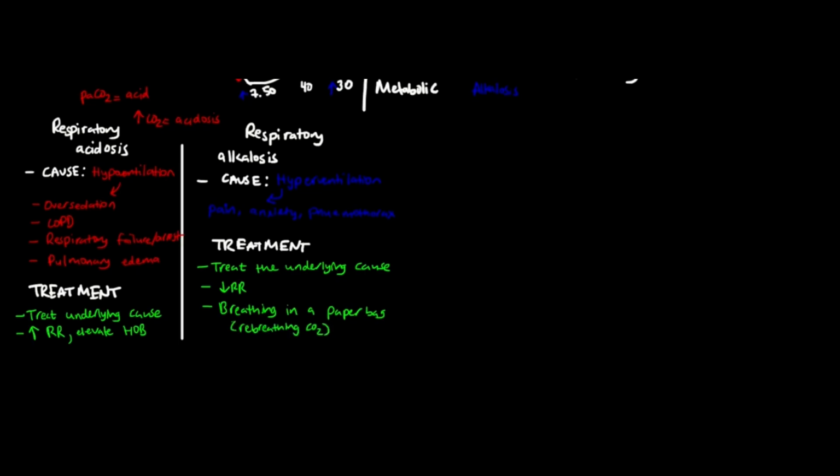This is going to help increase the level of carbon dioxide within their blood to help stabilize them and remove them from a state of alkalosis. But we don't want them to breathe in too much of the carbon dioxide because if their carbon dioxide level is greater than normal, that's going to put us in a state of respiratory acidosis.